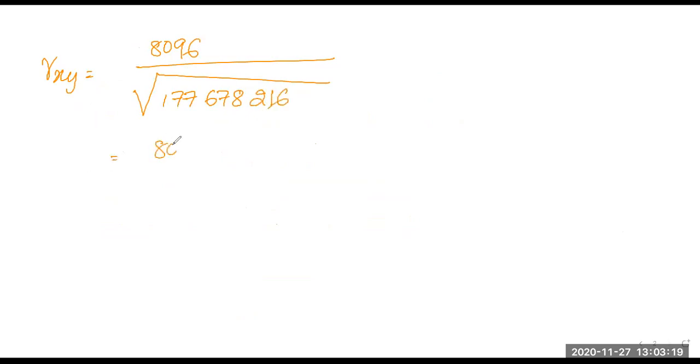Now 8096 divided by the root of 177,678,216. I got 13,329.5992. Last answer, rxy is equal to 8096 divided by 13,329.5992.